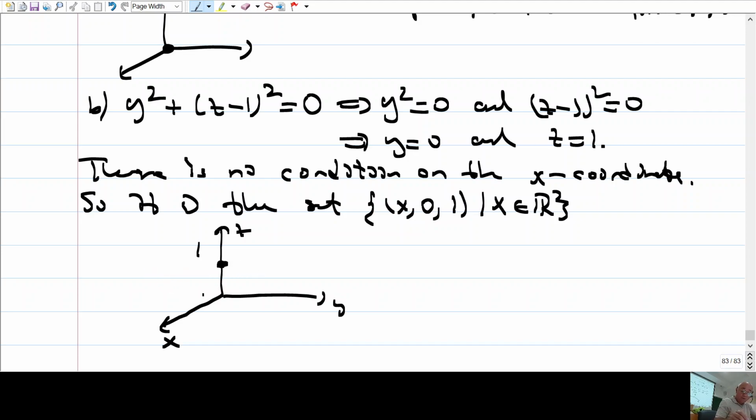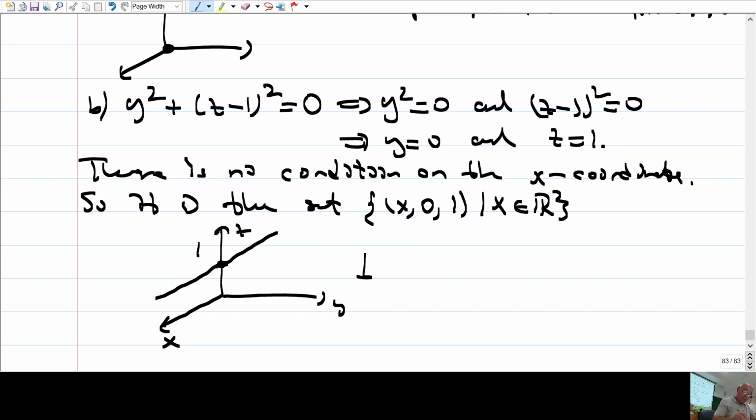Okay, so it should be like this. I'm sorry. So it's a line, okay? It is the line passing through the point 0, 0, 1, and it is parallel to the x-axis.